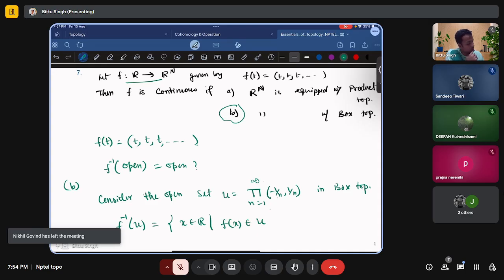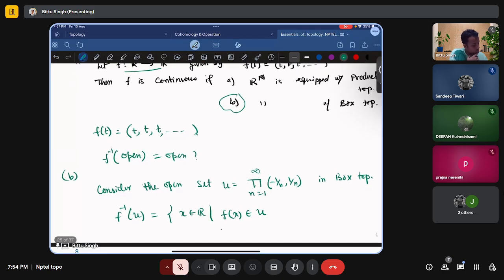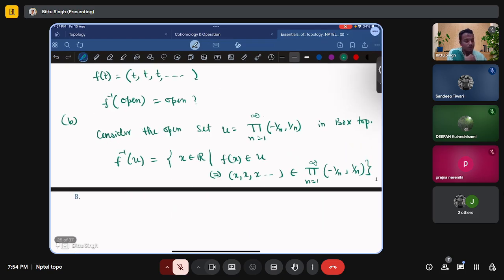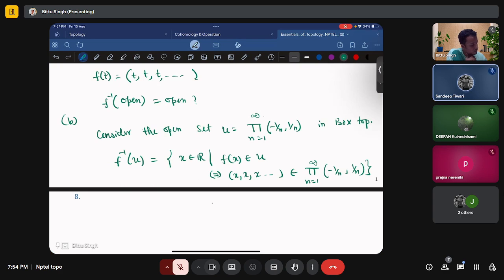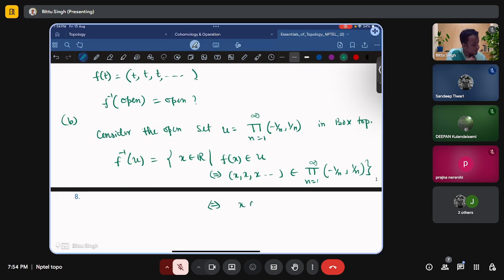So f of x, that is x, x, dot dot, belongs to this product over n equal to 1 to infinity if and only if x belongs to minus 1 by n comma 1 by n for all n.